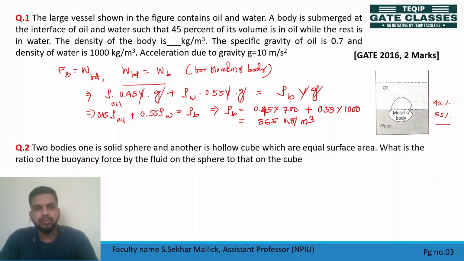Next question, question number 2. See, two bodies, one is a solid sphere and the other is a hollow cube, which have equal surface area. What is the ratio of the buoyancy force by the fluid on the sphere to that on the cube? तो यहाँ पे दो बॉडी है, एक है सॉलिड स्फीयर और एक है होलो क्यूब, which have equal surface area.